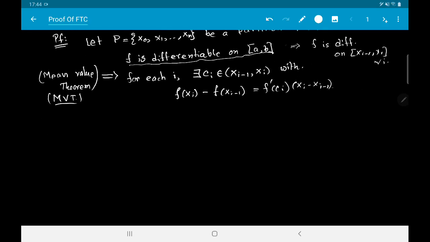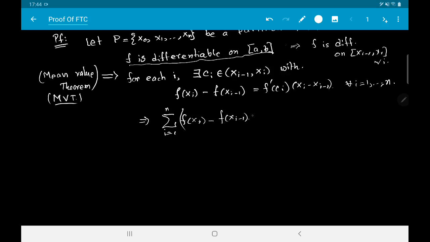And now what we are going to do is that this is true for all i equal to 1 to n, and we are just going to sum these quantities up, i equal to 1 to n, of f(xi) − f(xi−1).